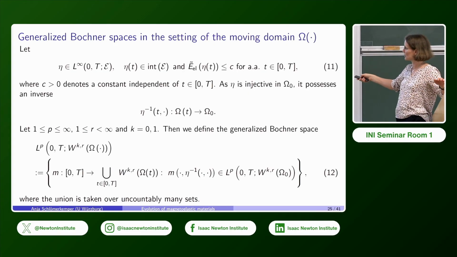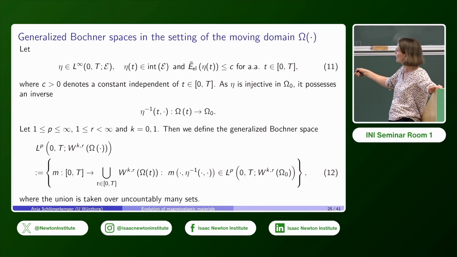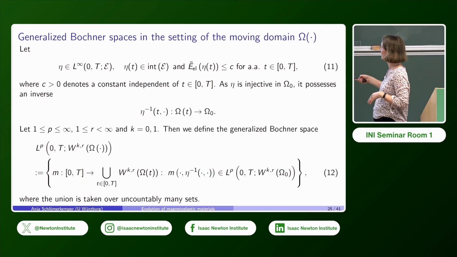So look at some function m that I want to be in that space. We somehow go back from the domain omega of t to omega 0 through this function here. And you see this m is defined then on omega 0, and so I can express everything with respect to the reference configuration.